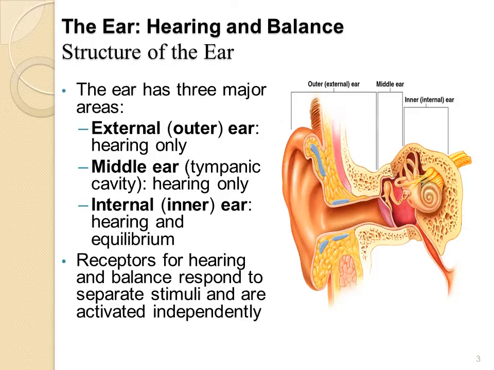So the external, or outer ear, its function is only for hearing, while the middle ear, which means the tympanic cavity, also functions similarly to the external ear, meaning hearing only, while the internal or inner ear is responsible for hearing and also equilibrium.